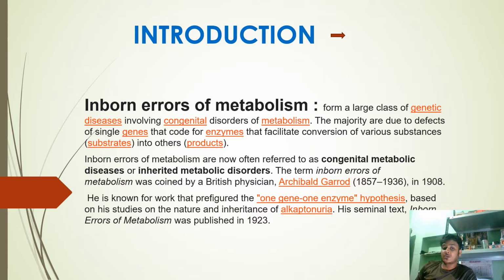Inborn errors of metabolism are now often referred to as congenital metabolic disease or inherited metabolic disease. That means one gene or one enzyme may be deficient from your birth, when you are staying in your mother's womb.